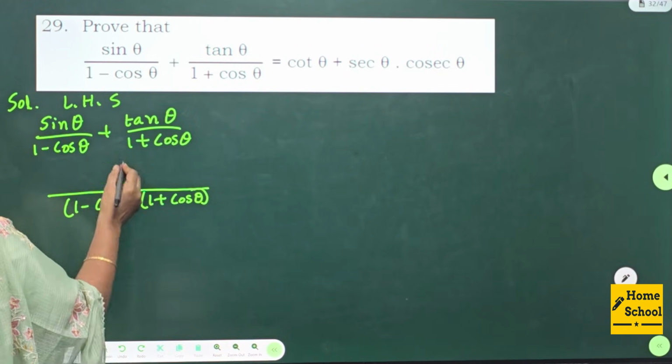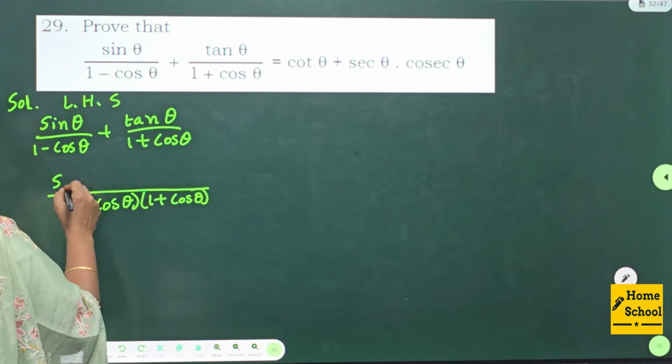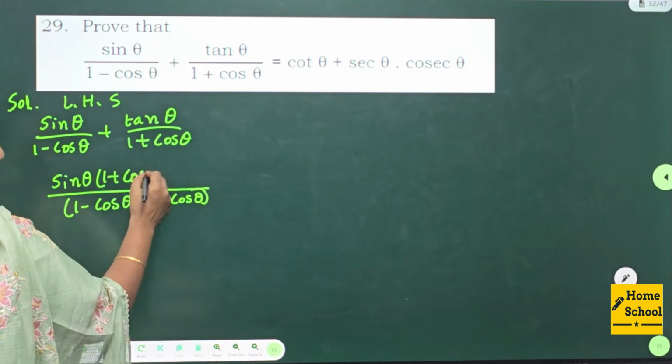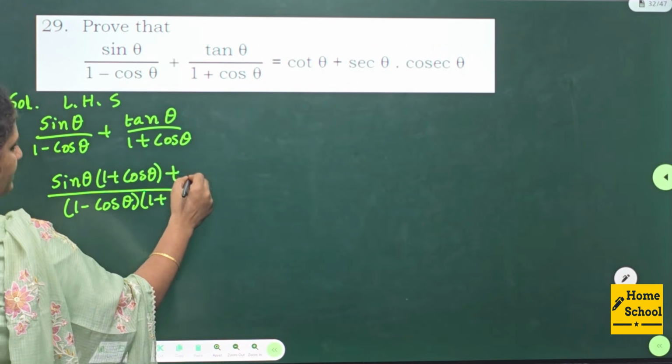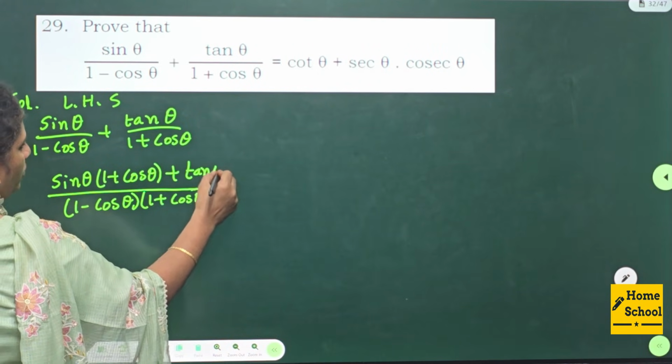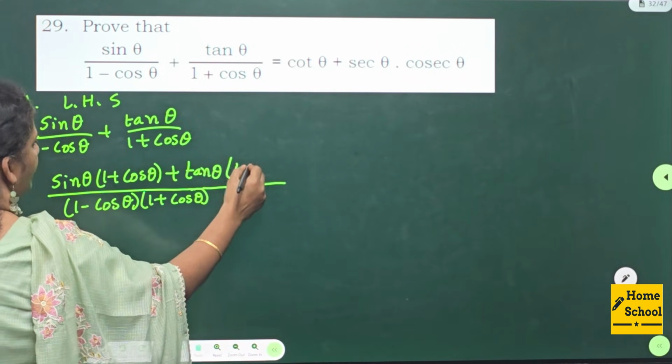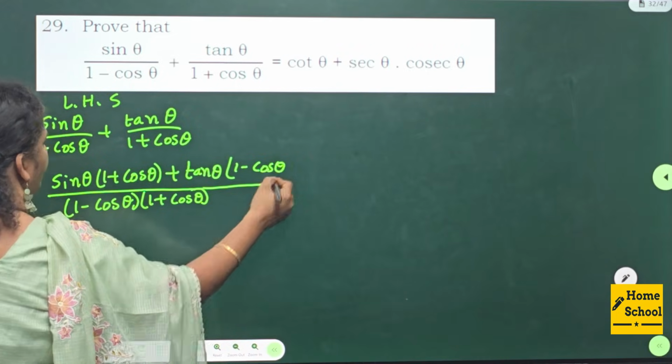In the numerator, multiply (1 plus cos theta) for sin theta, plus tan theta into, for this numerator multiply (1 minus cos theta).